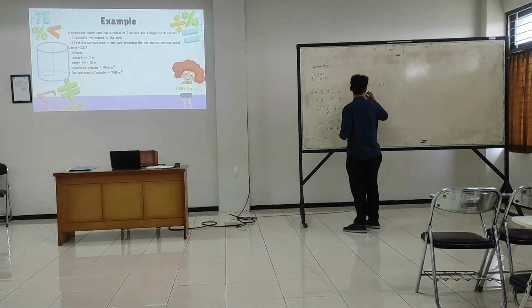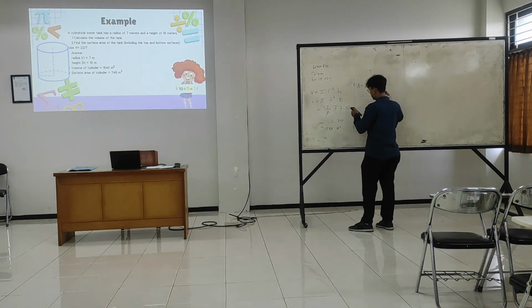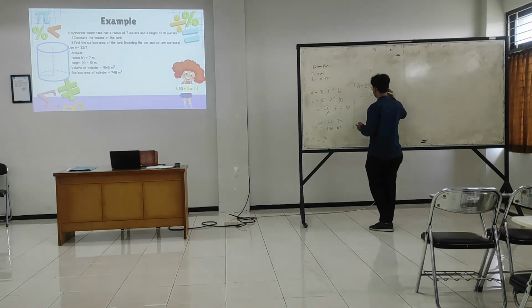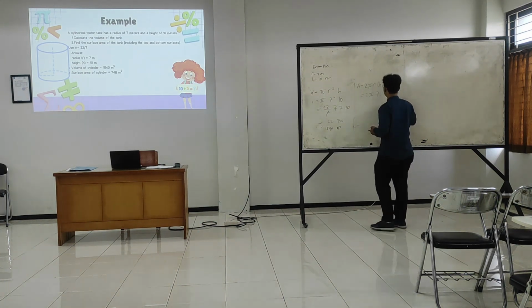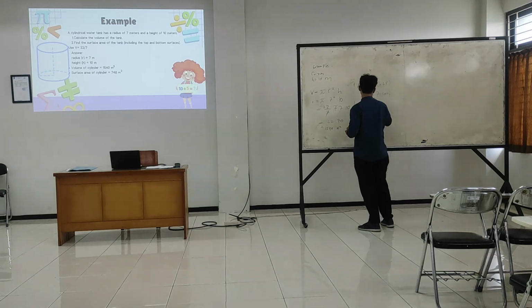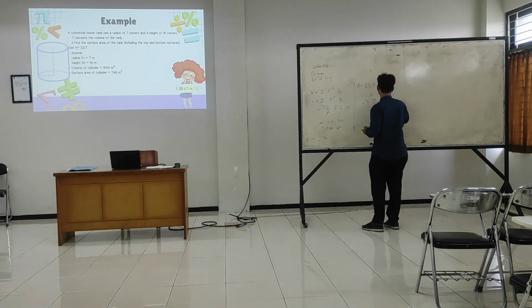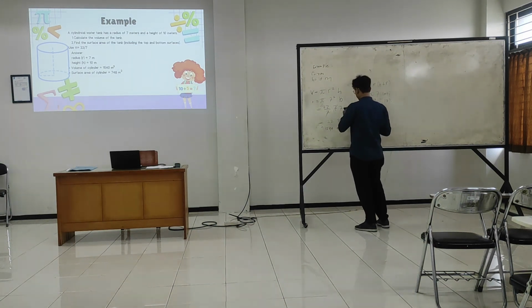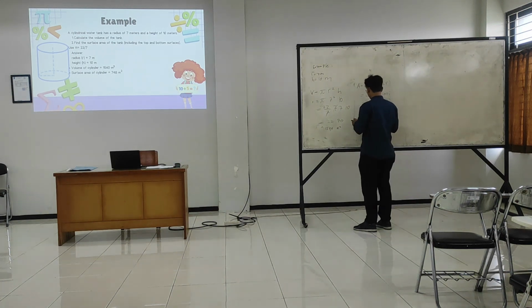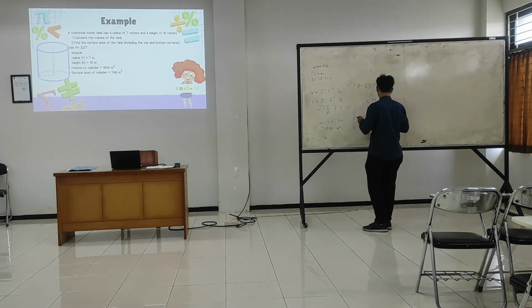So the 2 pi r, r is 7 and h is 10 plus 7, 22 divided by 7. So we get the surface area is 748 meters squared.